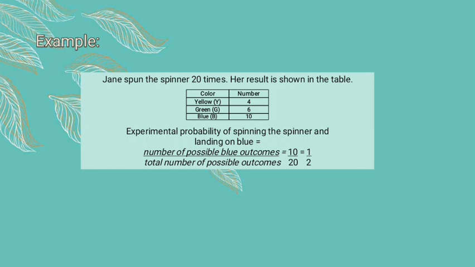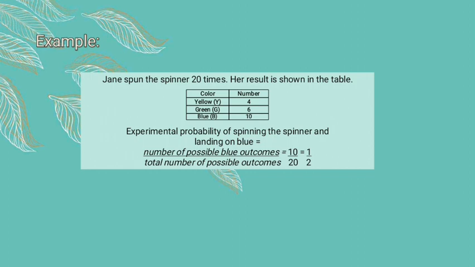Next example. Jane spun the spinner 20 times. Her results are shown in the table, which lists color and number: yellow with 4, green with 6, and blue with 10.